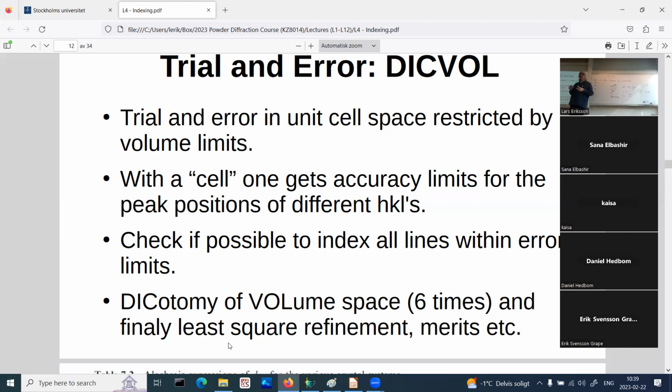Refinement is rather straightforward. It's more or less a linear least squares process.